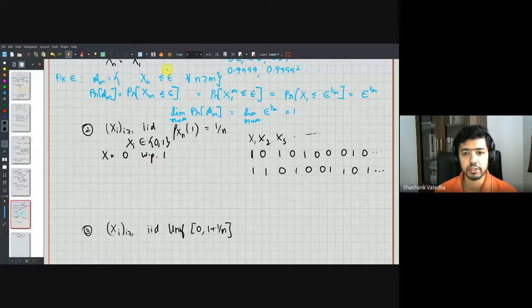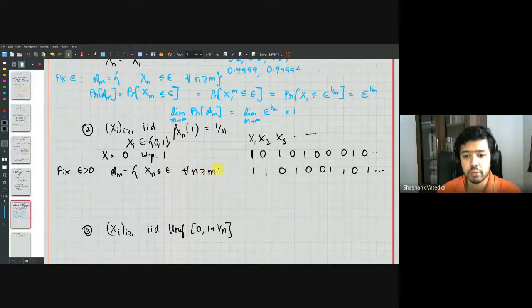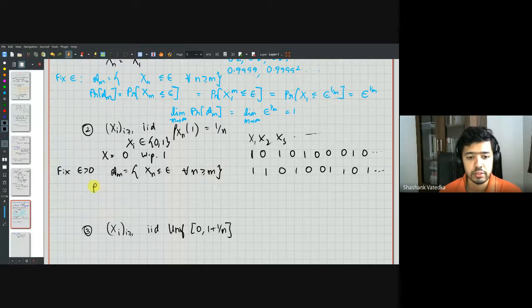So once again, let's do the above exercise for this sequence. All right, so you fix an epsilon greater than 0, and you define the event AM as the event that xn is less than or equal to epsilon for all n greater than or equal to m. Okay, so in this case, we can't do any simplifications.